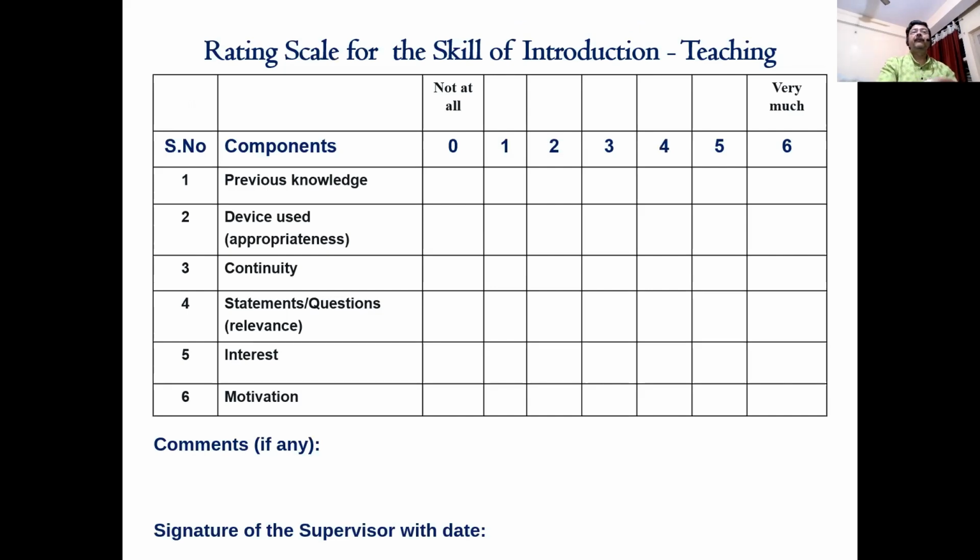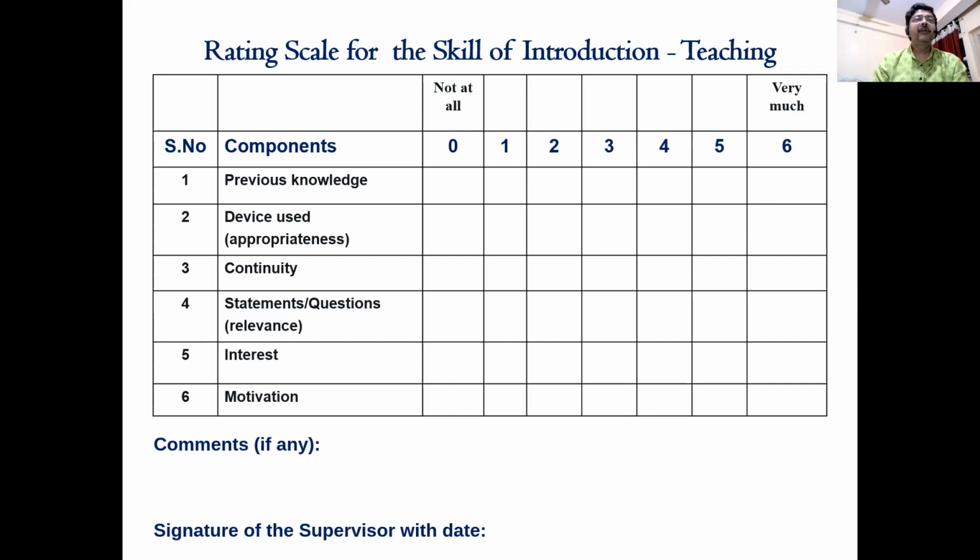So from this, we have the next thing, that is the rating scale for the skill of introduction. As you can see, we have a 7-point rating scale starting from 0 to 6. In this rating scale, the first point is previous knowledge. We have already discussed it. Second is device used, appropriateness.